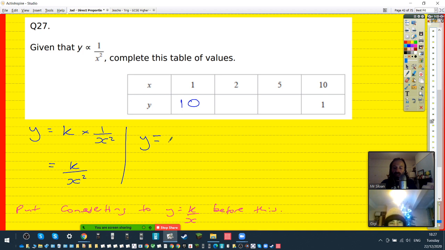Hold on. So what was k for this one? K is 10. So it's y equals k over x squared. So when x is 1, it's 10 squared, not just 10.